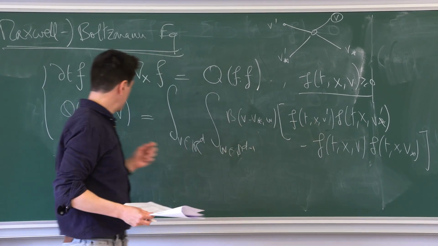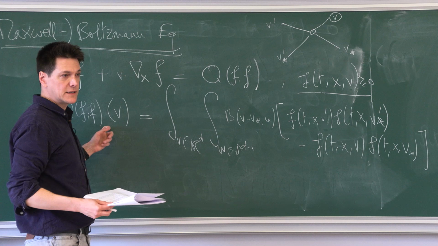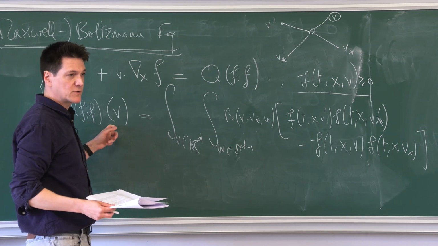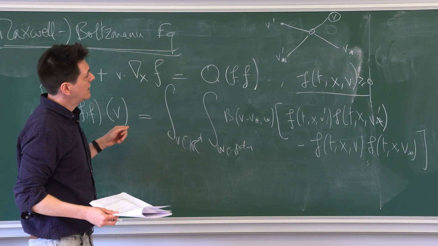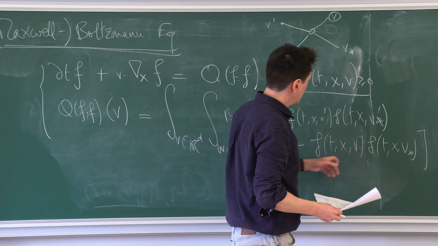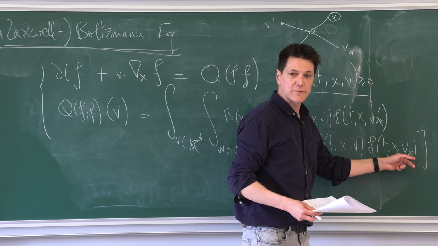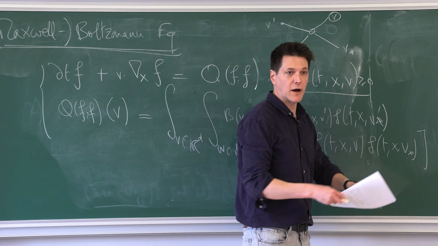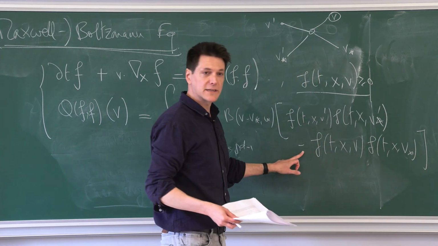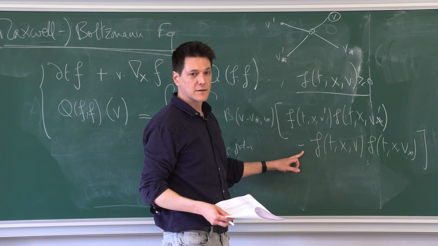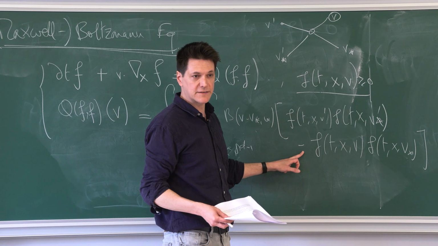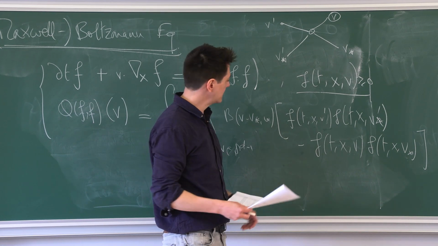So that positive term is counting positively towards your total number of particles with velocity v. If a particle with velocity v collides elastically with a particle of velocity v star to give other velocities, you count it negatively. So this is just a balance sheet statistically of what happens in the velocity space.